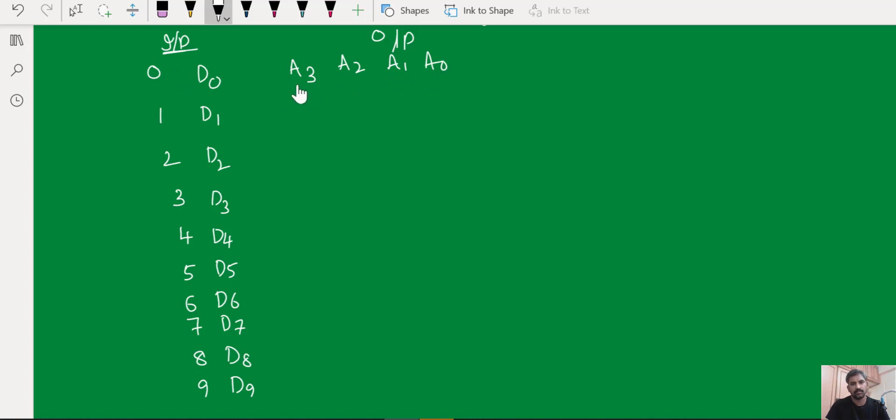The moment D0, or 0, is pressed, you are going to get all 0s. Then 1 will be 0001, then 0010, then 0011.